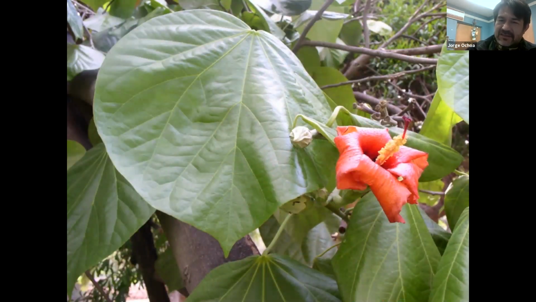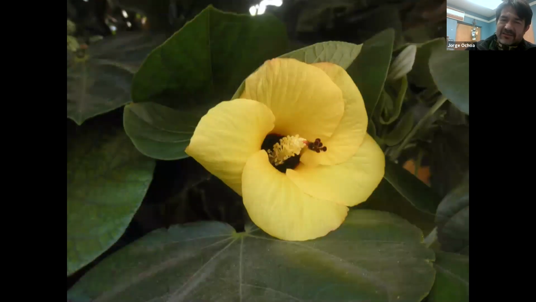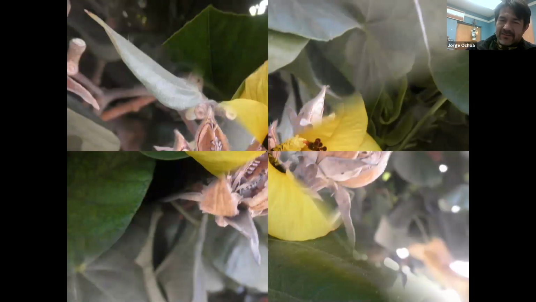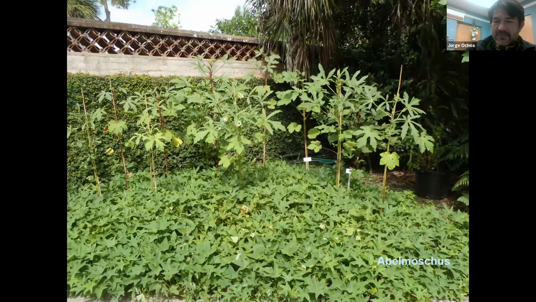It has a very large leaf, and so it was great to see it. And then as you venture into Central Mexico, into Central America, they plant Talipariti or Hibiscus tiliaceus, which is a yellow form. And here in Tijuana, there's a tree planted, and here are the flowers for this individual. And there's a seed pod, which looks like many other members.